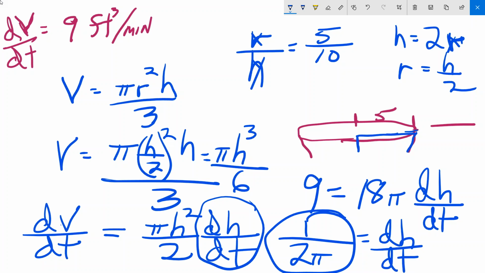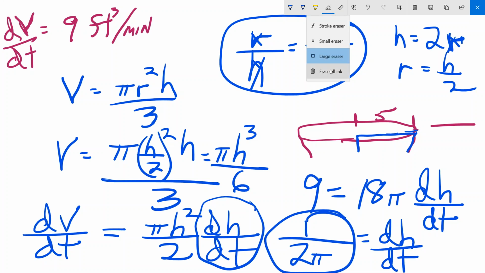It's useful to have practiced a few of these so that you know this is a big step, relating those two triangles, because that allows you to define r as a function of h or h as a function of r.